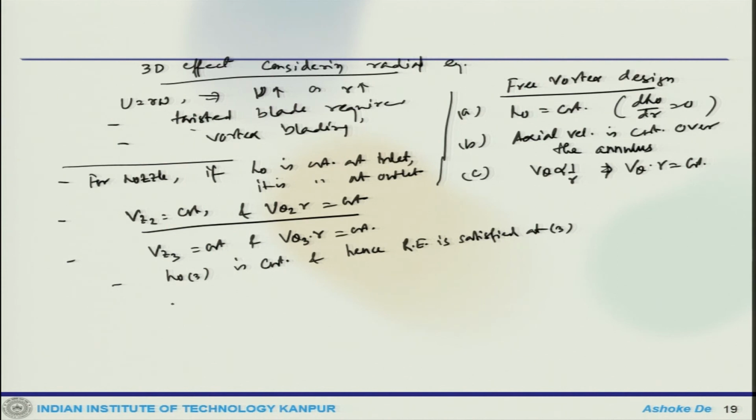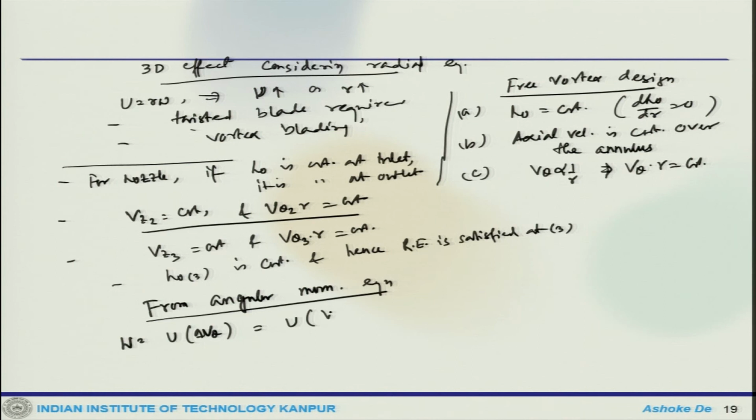So, what do we write? From the angular momentum equation, we write W is U delta V theta, which is known. So, we can write U times V theta 2 plus V theta 3, which is omega times V theta 2 r plus V theta 3 r, which is constant.